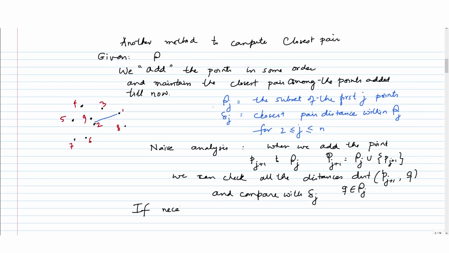If any of the newly computed distances is smaller, then update delta j.